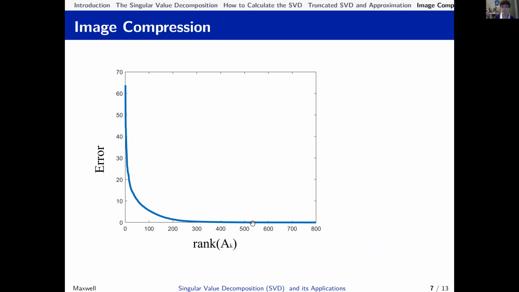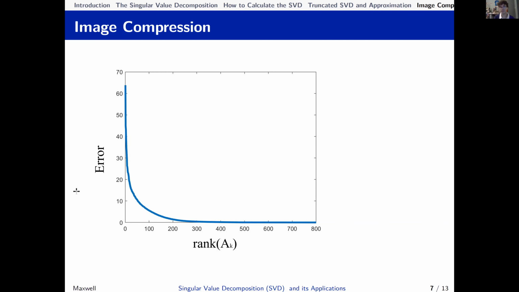And we can see that at 400 here, I can't see a real difference between 400 and 800. And even at 100, there's a really little error.